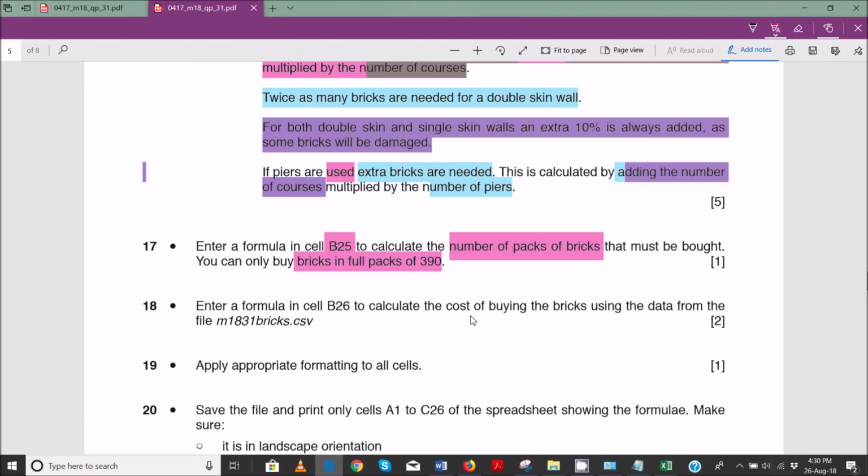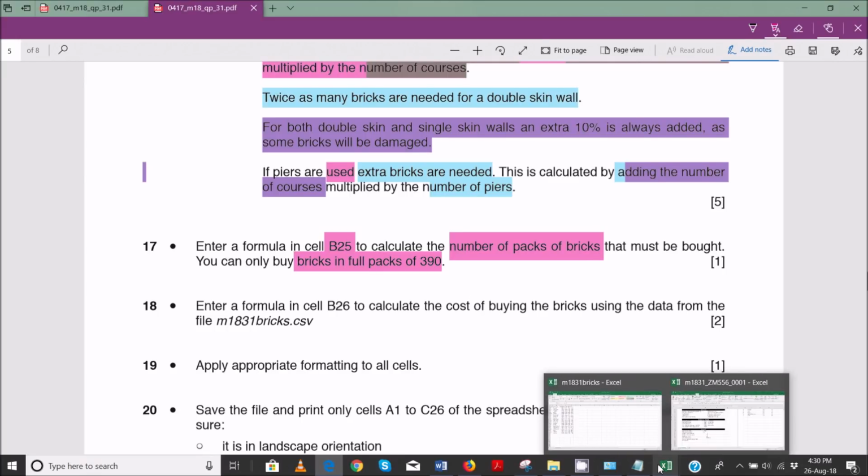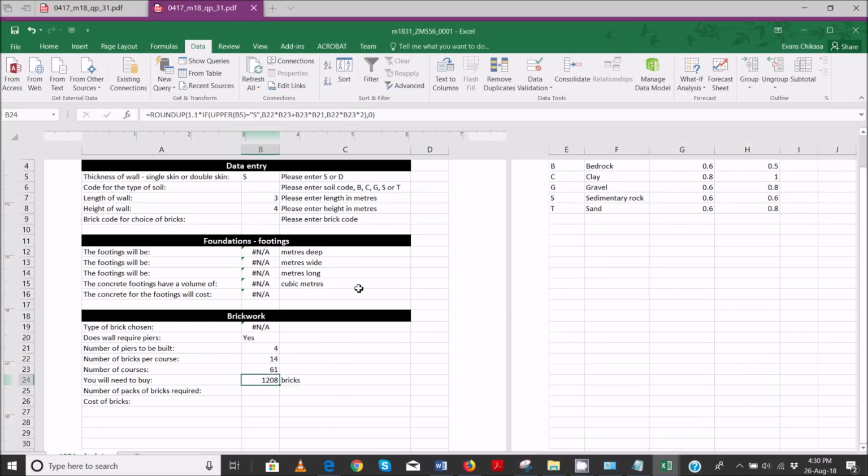So again, this is very simple, guys. In cell B25 we have these bricks ahead. So we need to buy 1,208 bricks, and we need to buy in packs of 390.